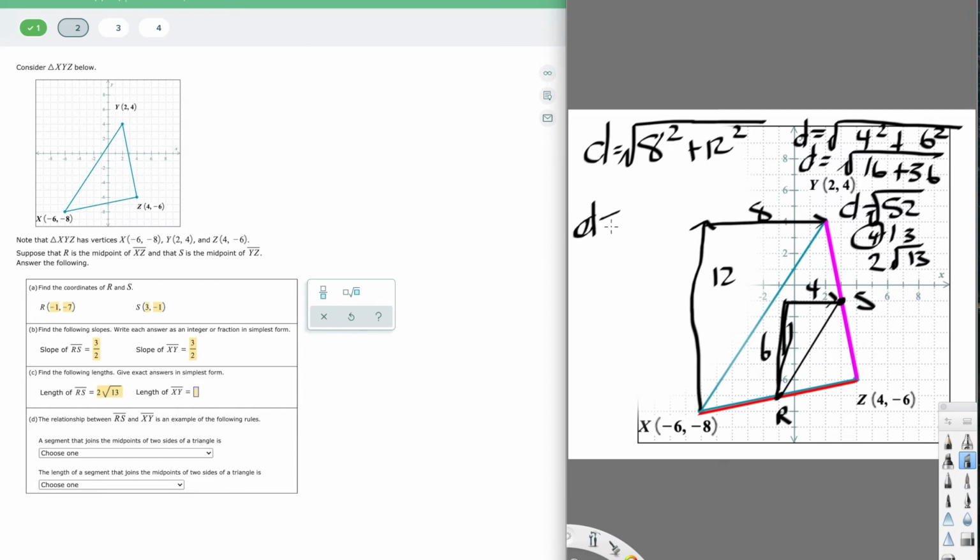Equals, we have 64 plus 144. So we get 208. And I believe we're going to want to end up with 4 root 13, something along those lines, if we're proving that it's twice as big.